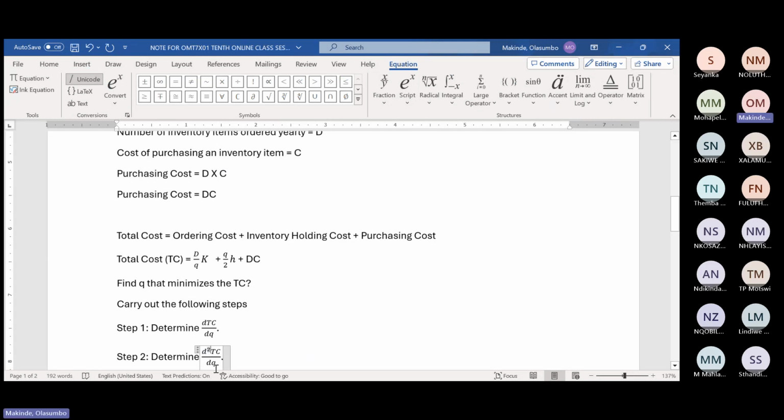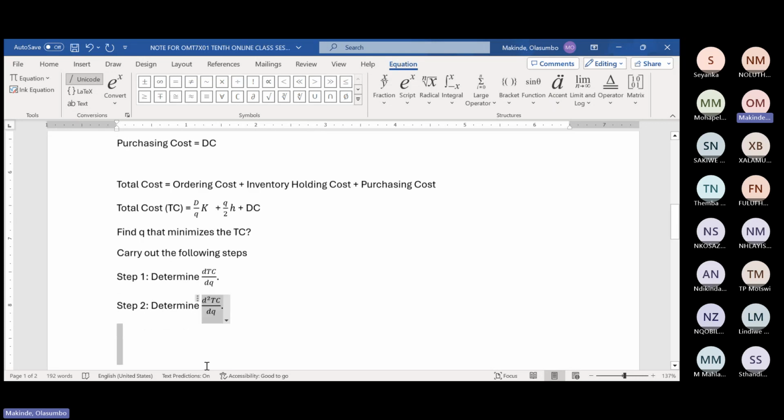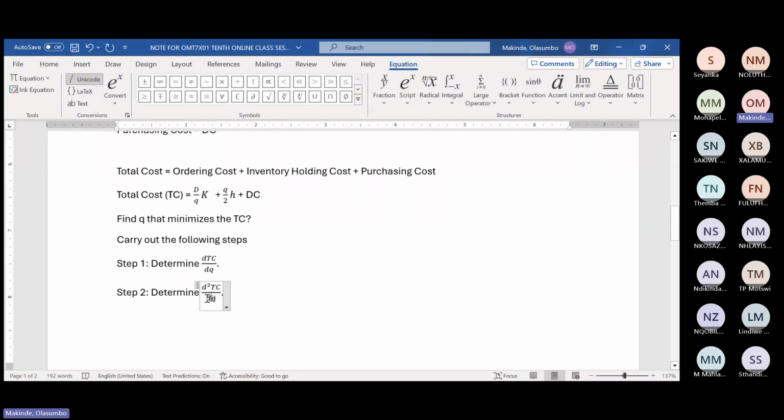That is, you want to differentiate TC with respect to Q for the second time. So you're looking for D squared TC, the Q squared.